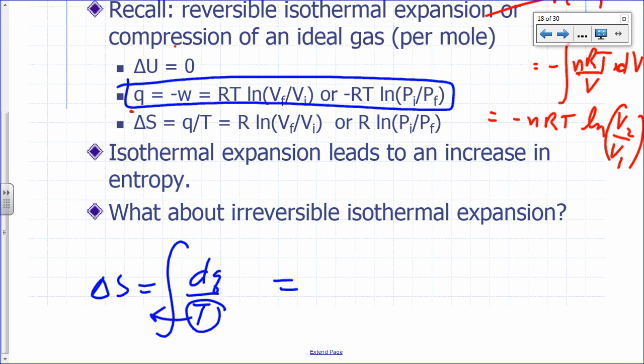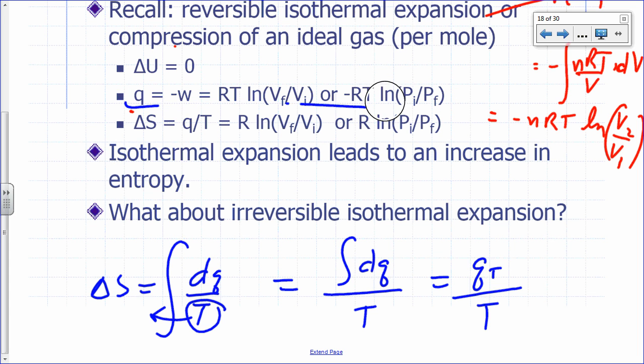So it's just integral of dQ divided by T. That's just Q at constant temperature over T. Okay? So what happens if you divide this by T? You just lose that T, right? So the delta S is just equal to R ln V2 over V1.